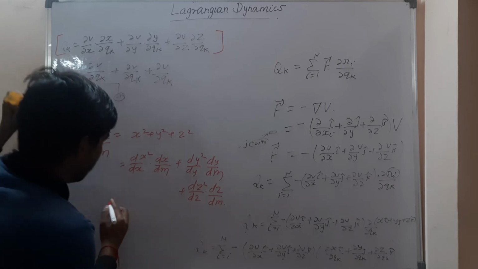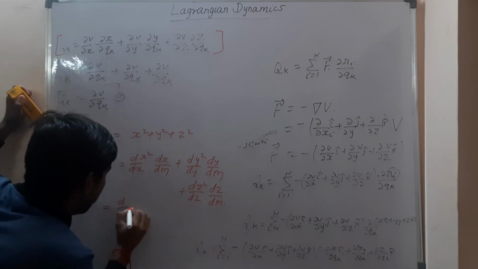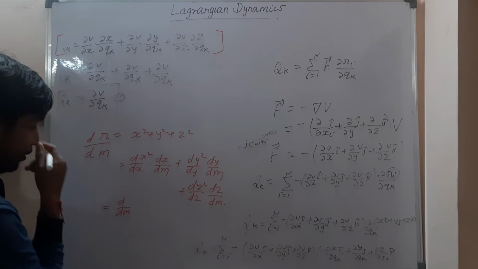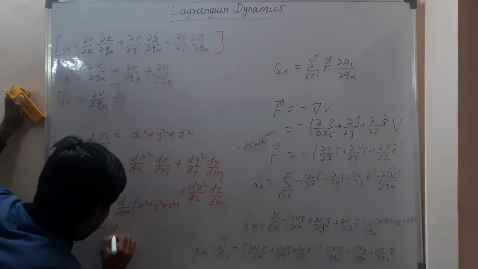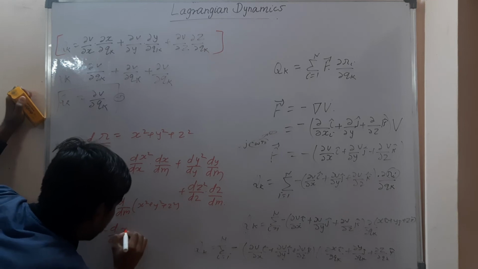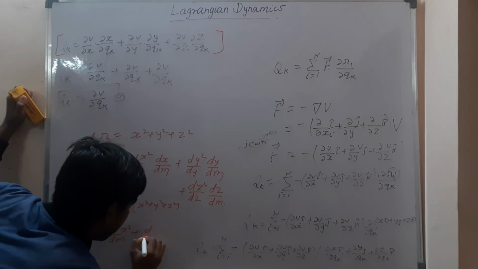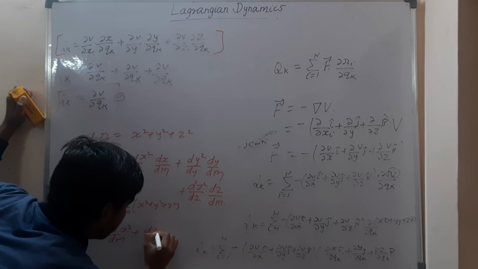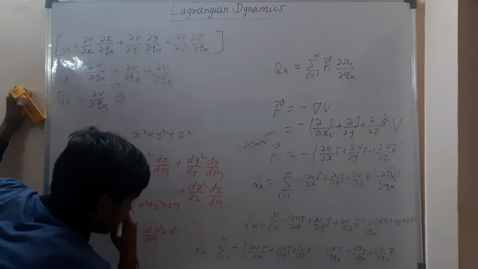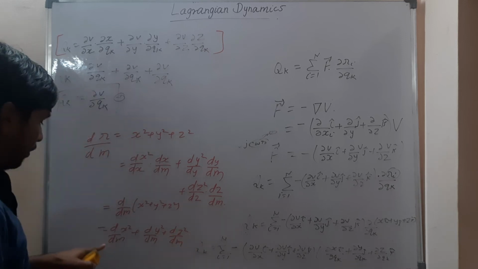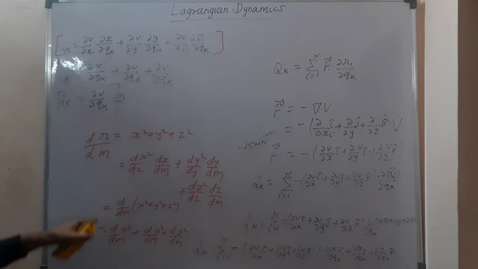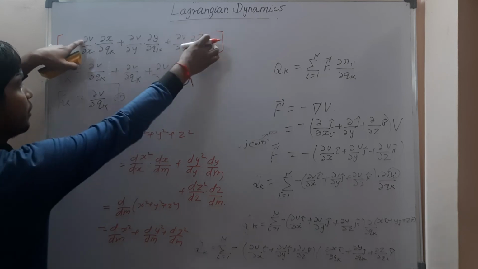Actually it should be like this. If I want to show it in another way, I can write d by dm, because I am differentiating with respect to m, of x square plus y square plus z square, and it should be like this. Similarly, this equation I can write this way.